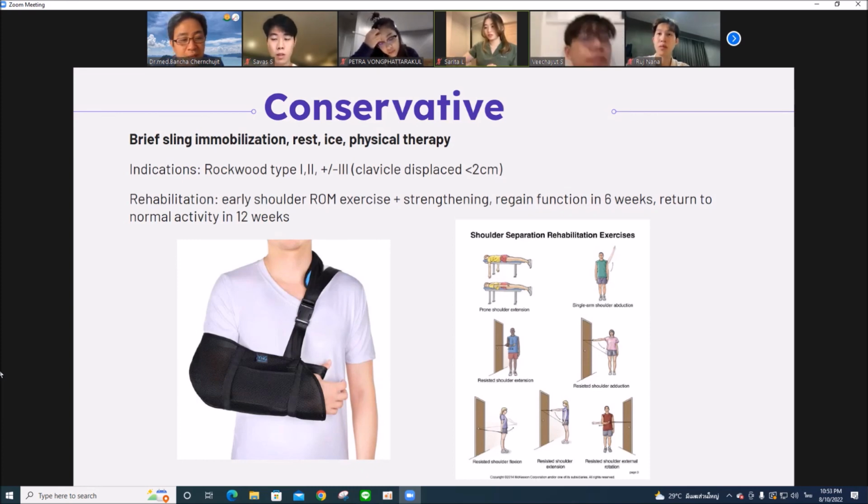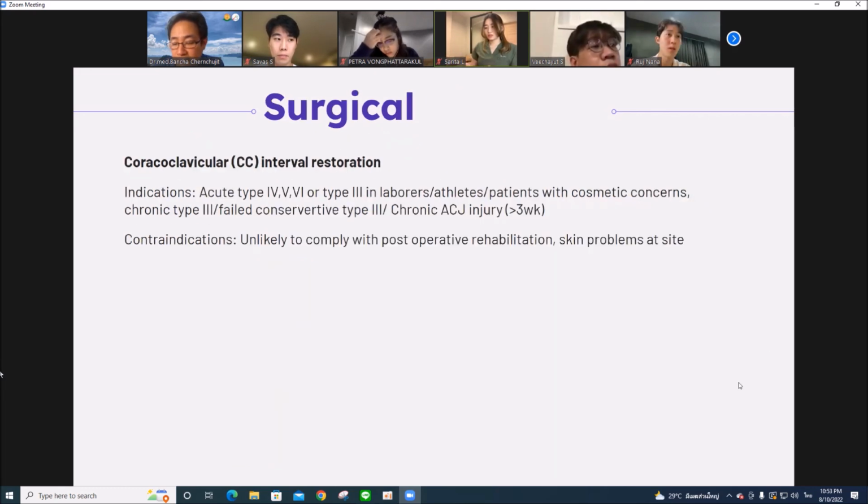Okay, next. For the surgical treatment, the operation is called coracoclavicular interval restoration. As stated, grades 4, 5, and 6 should be surgically managed, as well as type 3 depending on the patient, if they're athletes, laborers, or patients with chronic type 3 or failed conservative treatment.